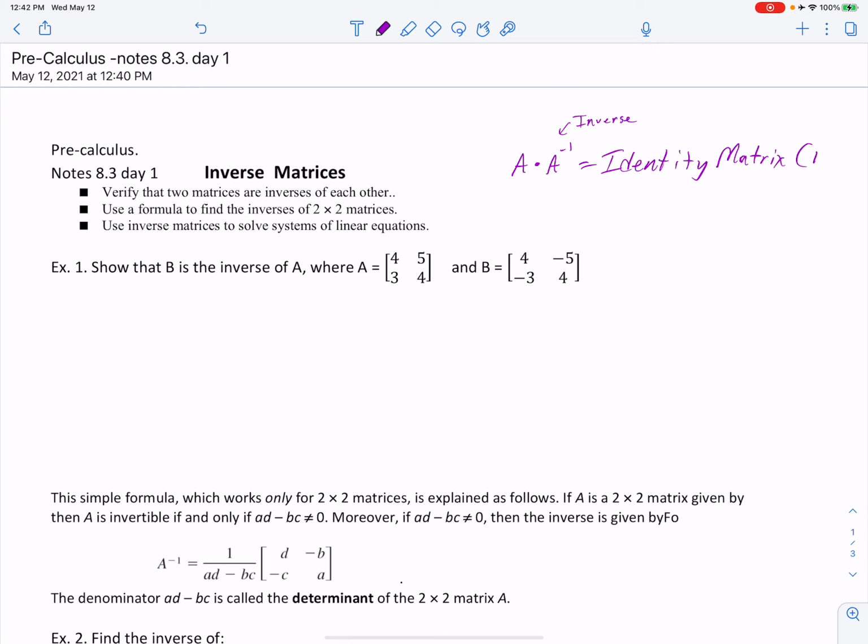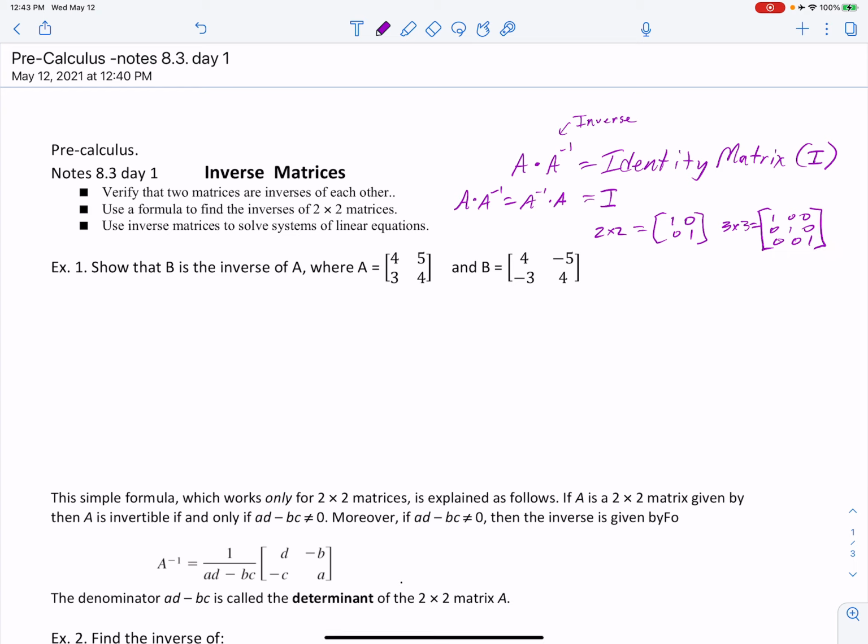And the identity matrix is going to be given the capital letter I. And so whether you multiply them in the order, A times A inverse, or A inverse times A, this is one case where there's an exception to multiplication being commutative, and you will always get the identity matrix. The identity matrix for a 2 by 2 is 1, 0, 0, 1. The identity matrix for a 3 by 3 is 1, 0, 0, 0, 1, 0, 0, 0, 1.